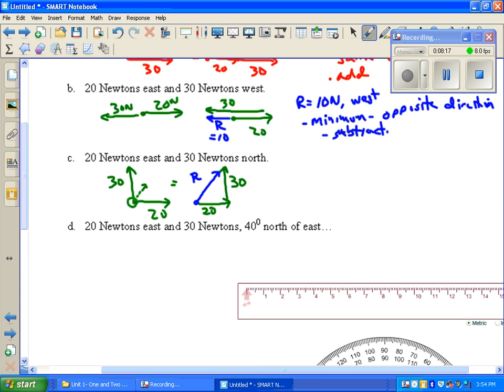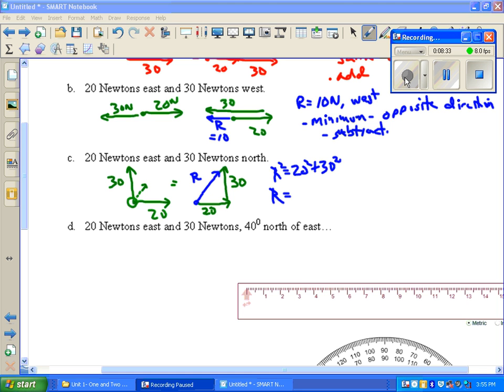Now, these are at right angles, so I can do Pythagorean theorem. R squared is 20 squared plus 30 squared. Okay, if you want to do this out on your calculator, you can. And I'll give you the final answer. And I got 36.1 newtons. Now, I also have to tell a direction.